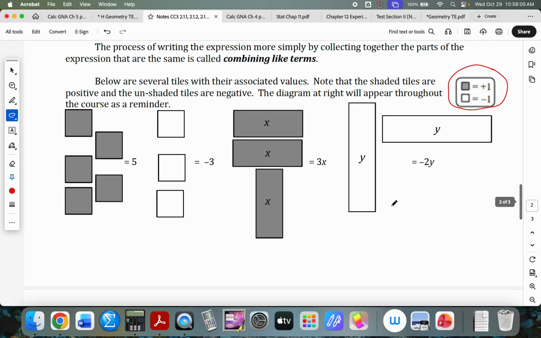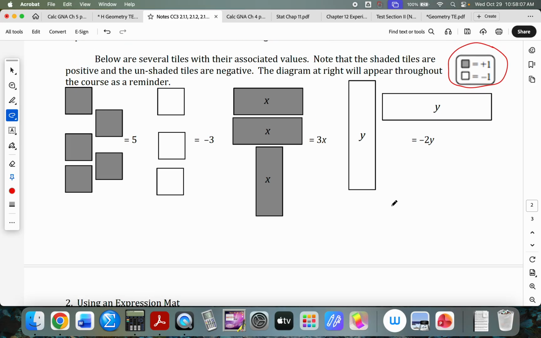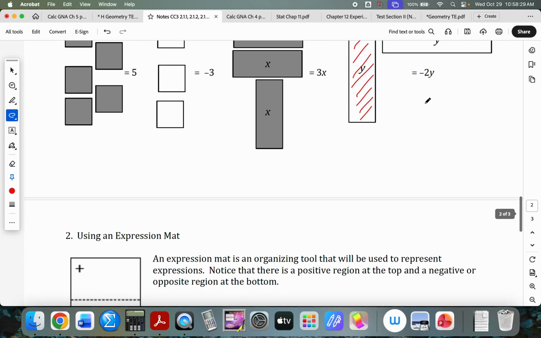By the way, don't do this, but if this was colored in, what would this be? It'd be 0. Because I'd have a positive y and a negative y, and that would add up to 0.